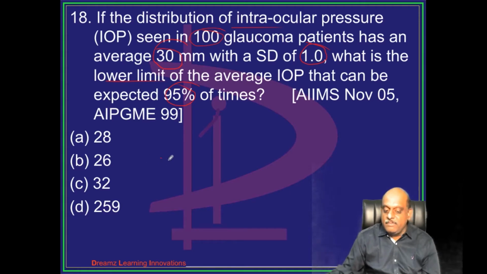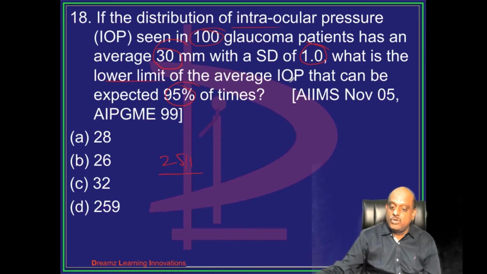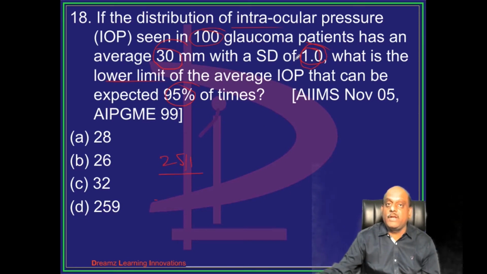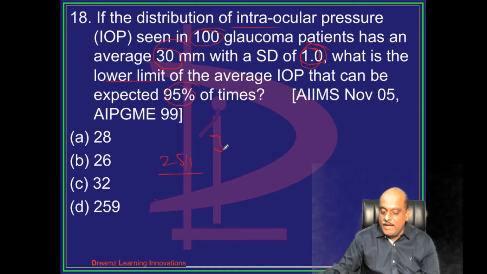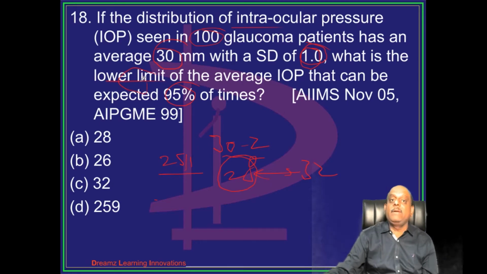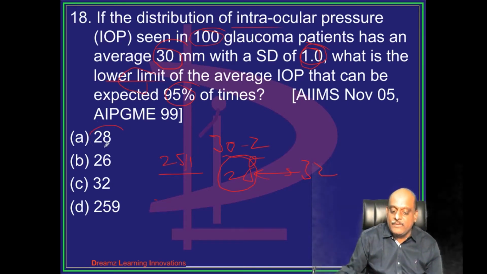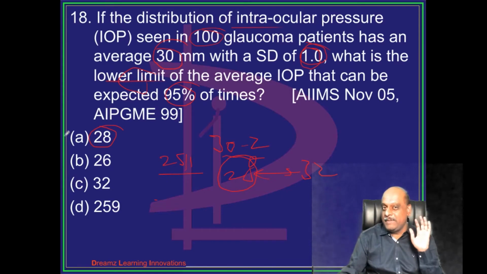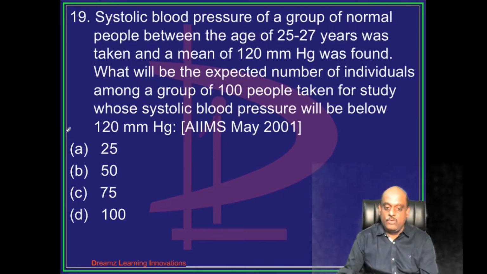So 95% means 2 standard deviations. 2 into 1 is 2. So 30 minus 2 is 28. 30 plus 2 is 32. So between 28 and 32, 95% of the population is there. 28 is the lower limit of that average value.